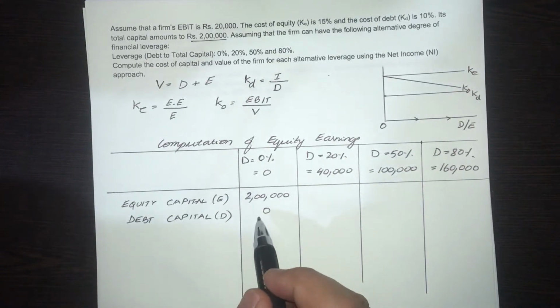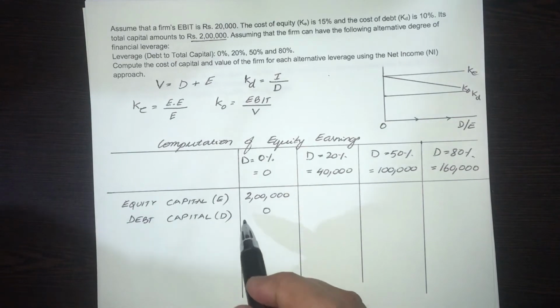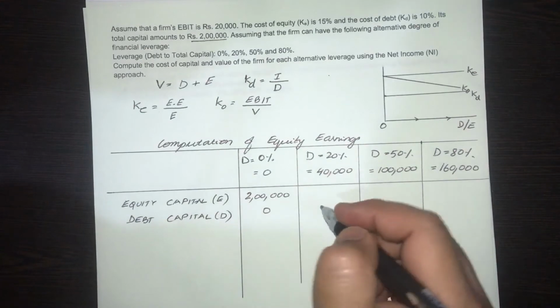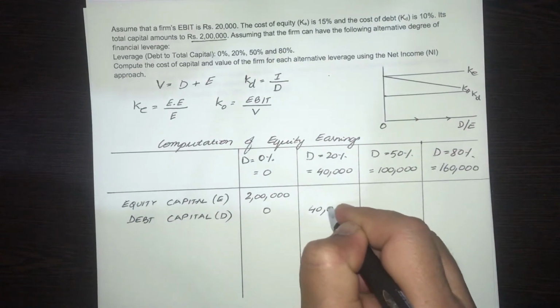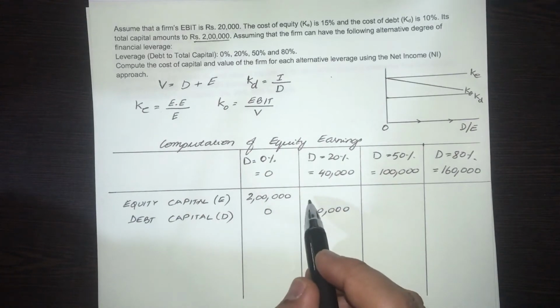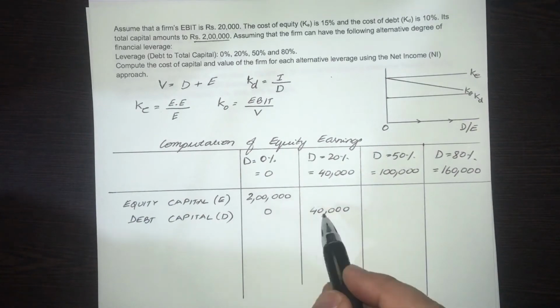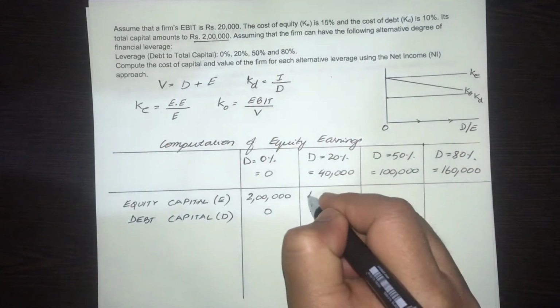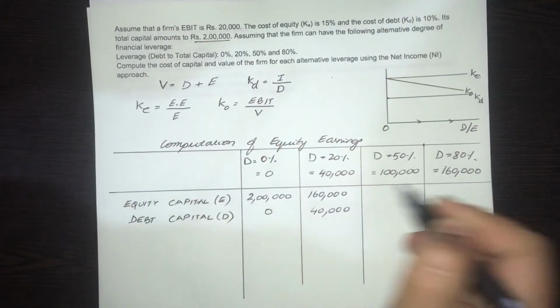So in the first case, the firm is unlevered because it has no debt, but here it has a market value of debt of 40,000. So obviously the market value of equity will be 2 lakhs minus 40,000, which is 1,60,000.